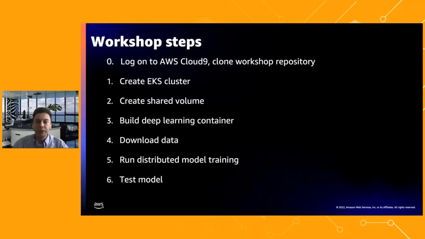We will build a deep learning container that has our distributed training code. We'll execute a job to download the training data and store it on the shared volume. Then we will run distributed model training using PyTorch and Torch Elastic. And finally, we'll run a test to see how good of a model we have built.